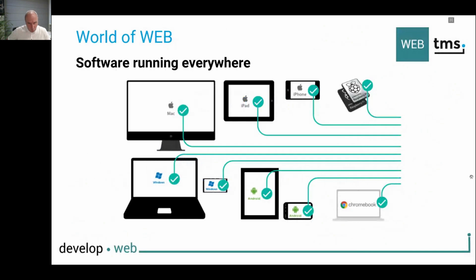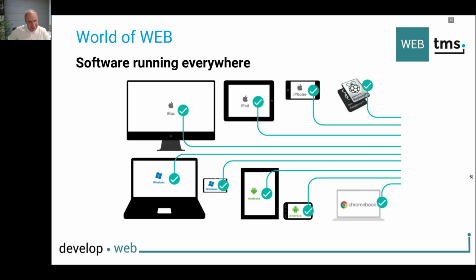So web applications, it's about software that is running everywhere. I think these days, literally every electronic device is able to work with web applications through a modern web browser.